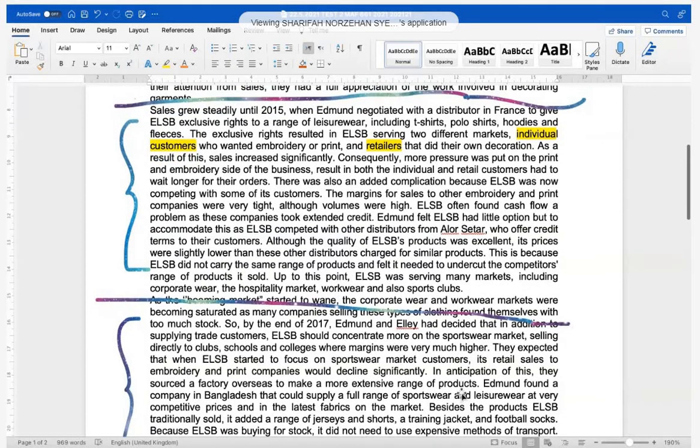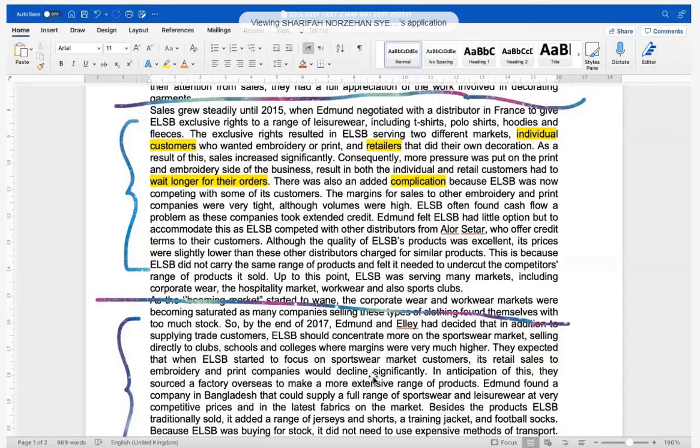As a result of this, sales increased significantly. Consequently, more pressure was put on the print and embroidery side of the business, resulting in both the individual and retail customers having to wait longer. There was also an added complication because ELSB was now competing with some of its customers.